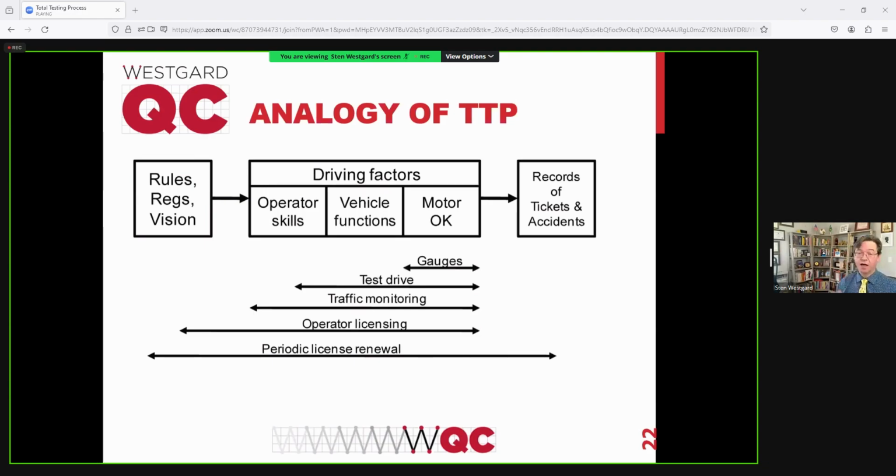That comes with operator licensing. So getting your driver's license covers even more of the total driving process. And then forcing you to renew your license means that if you've gotten some tickets or been in some accidents, at a certain point they'll say, sorry, you can't drive anymore. So different steps we take monitor different parts of the testing process or the driving process.